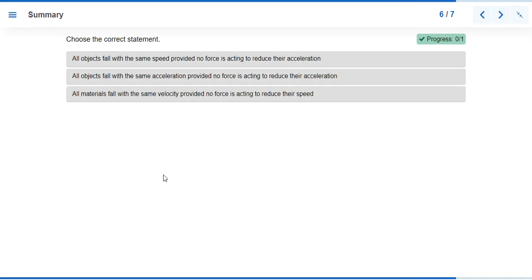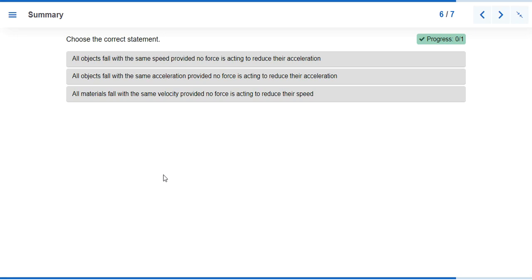In summary, let's check these 3 statements. All objects fall with the same speed, provided no force is acting to reduce their acceleration. No. All objects fall with the same acceleration, provided no force is acting to reduce their acceleration.